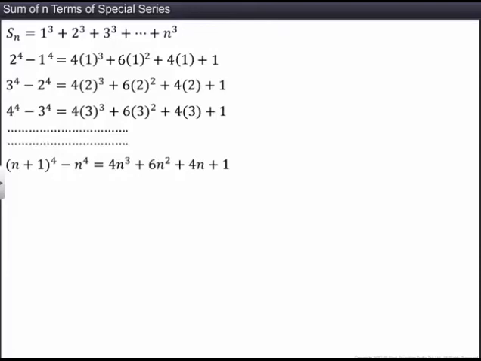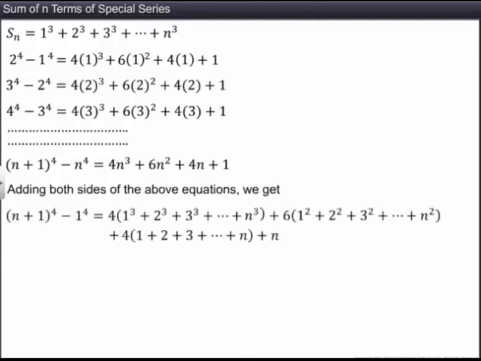On adding the respective sides of all the above equations, we get n plus 1 whole raised to the power of 4 minus 1 raised to the power of 4 is equal to 4 into the sum of the cubes of the first n natural numbers plus 6 into the sum of the squares of first n natural numbers plus 4 into the sum of the first n natural numbers plus n.